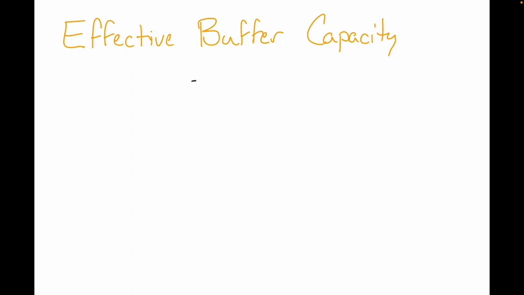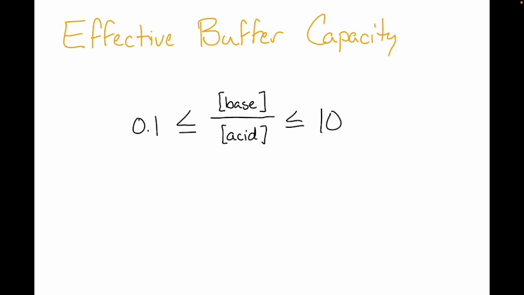Okay, we saw that that ratio of your concentration of base to acid was an important term in our Henderson-Hasselbalch equation. Okay? In order for a buffer to be any good at resisting pH changes, this concentration ratio has to be within a certain range here. All right, you have to have a ratio of at least 0.1, but it's got to be less than 10.